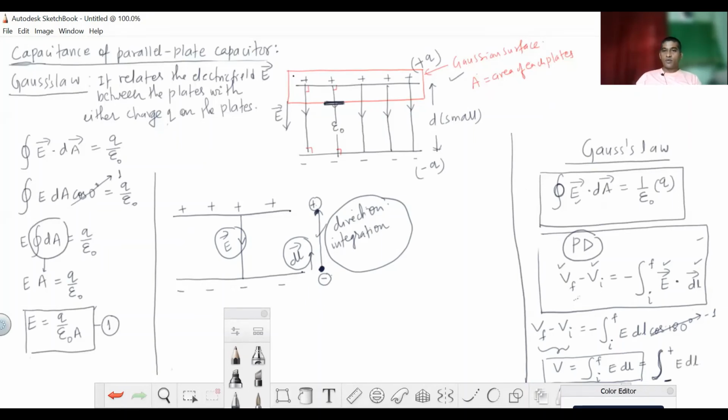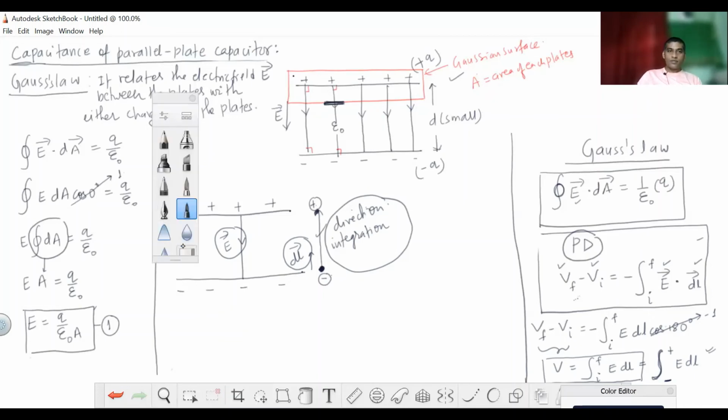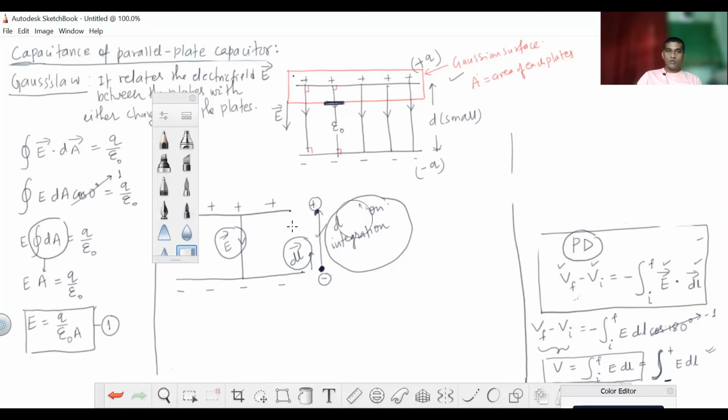So this is the expression for potential difference. We are going to use this relation. So let us denote it by the symbol V equals the integration from the negative plate to the positive plate, E dl.